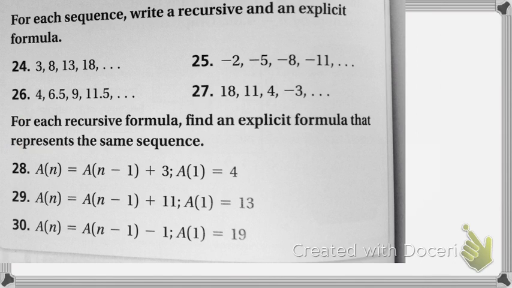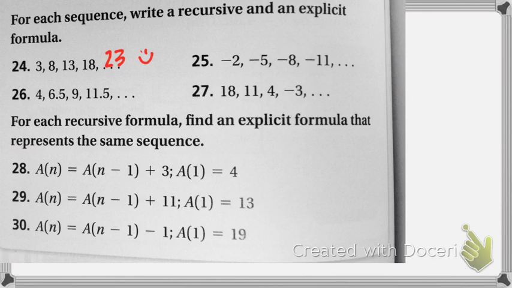Alright, for each sequence, write a recursive and an explicit formula. I'm actually going to change the directions. I want you to tell me the next numbers. So for 24, we go 3, 8, 13, 18. What's the next number? $23? Good. For 25, -2, -5, -8, -11.